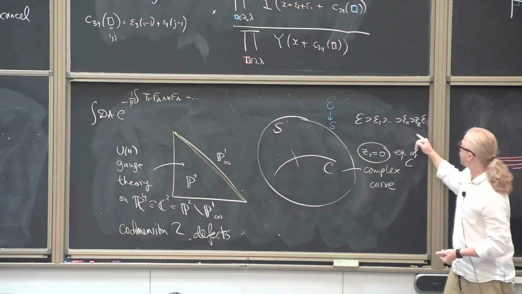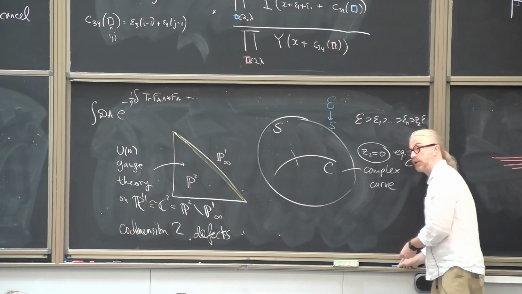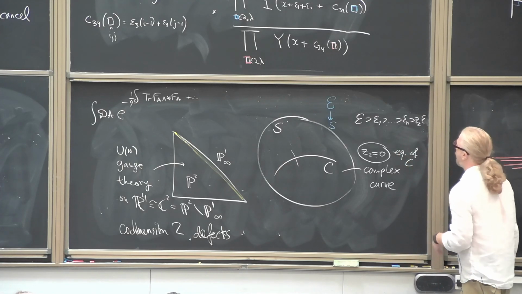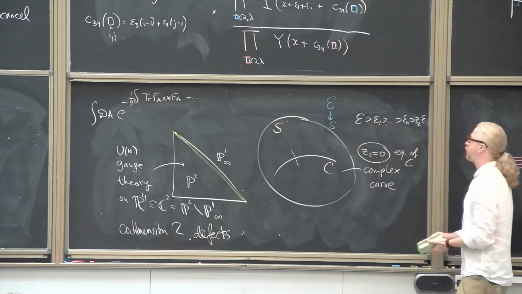So the sections of that sheaf are the ones which are divisible by z2. So they have to vanish on this curve. And so that's morally the story which we're going to follow.